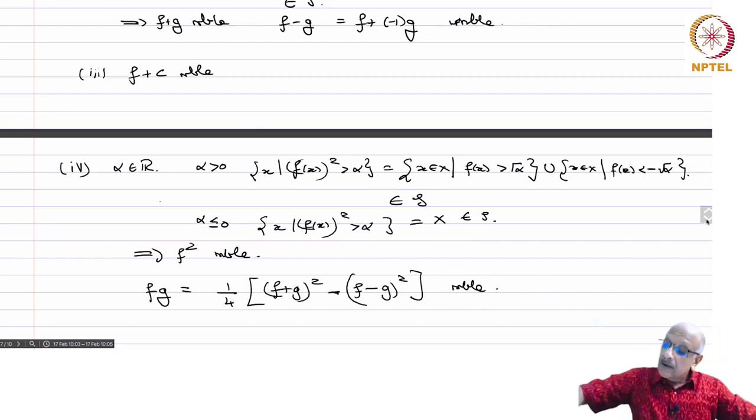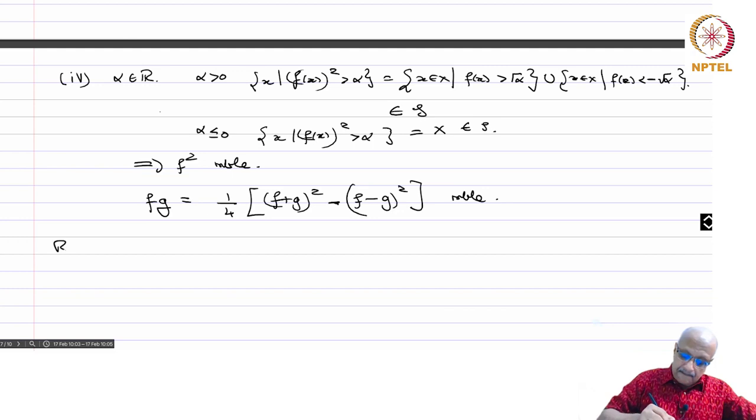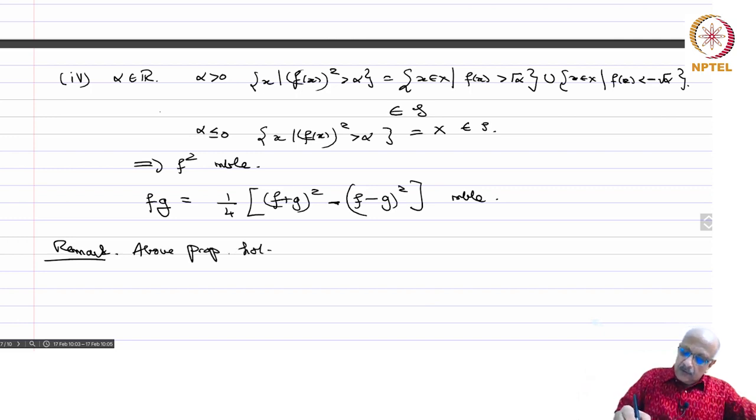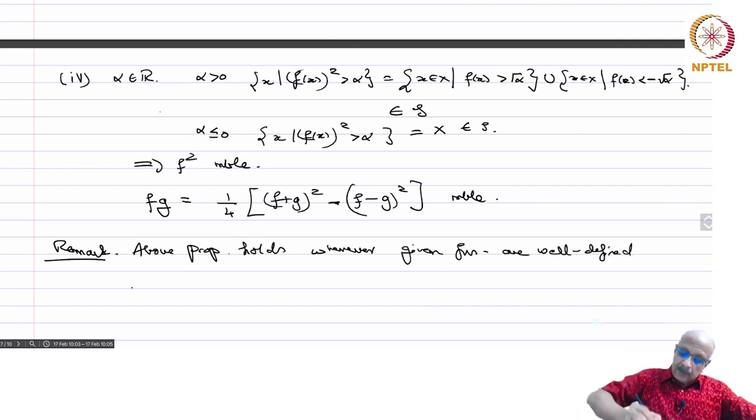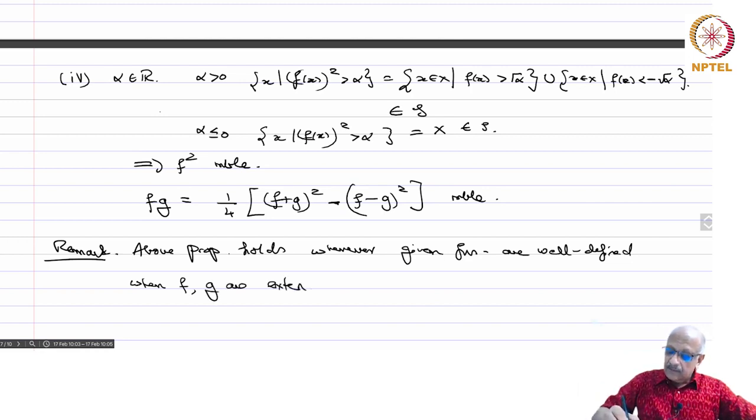Now a remark: the above proposition holds whenever the given functions are well defined, when f, g are extended real valued.